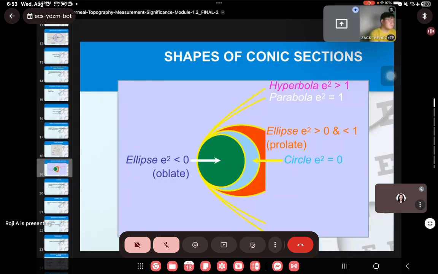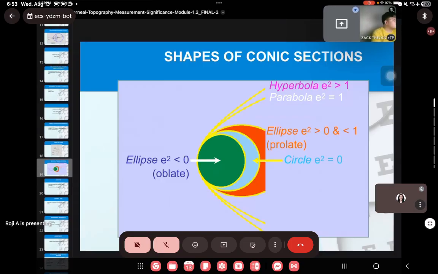So as you can see here, the shapes of a conic section, hyperbola has an eccentricity value of greater than 1. Parabola has an eccentricity value of 1. Circle, on the other hand, is 0 because it doesn't flatten peripherally, correct?